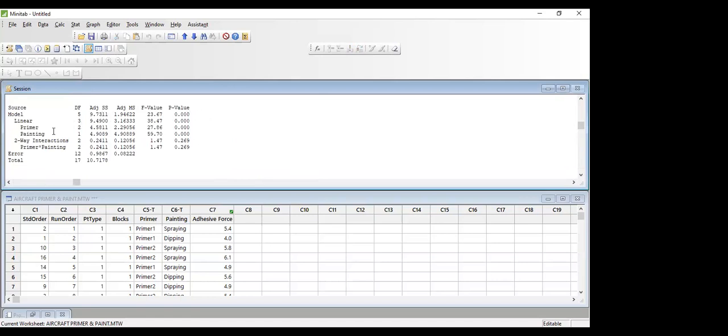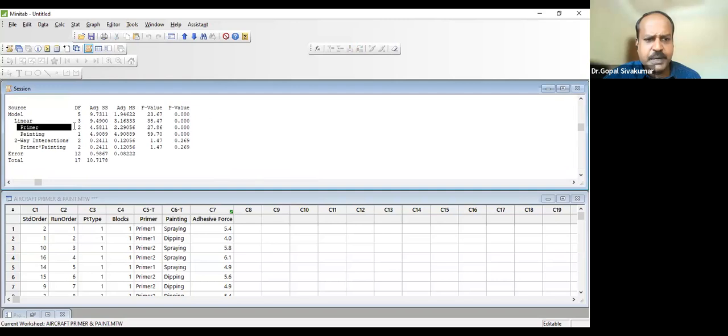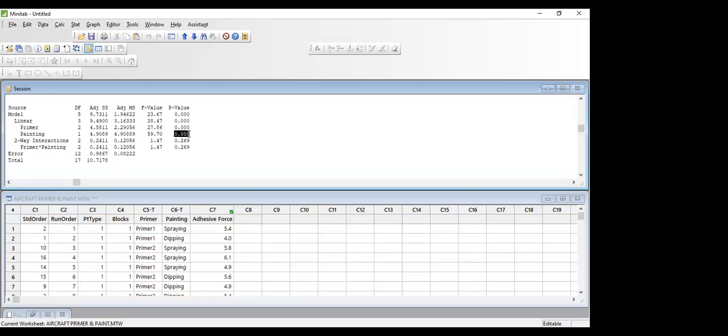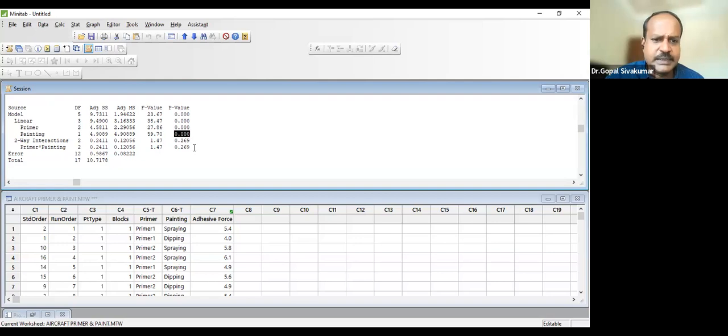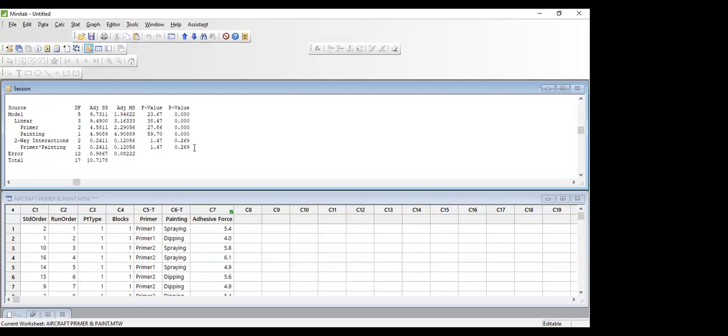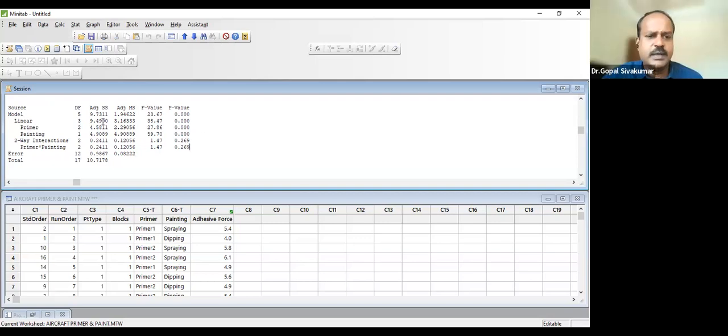Now, primer p-value is less than 0.05, significant. Painting p-value less than 0.05, significant. But interaction p-value more than 0.05, insignificant. All right. And everything is available.